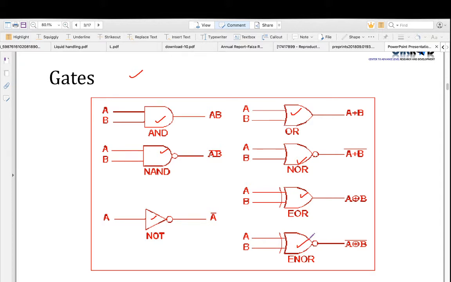In all these gates, the things which you have to learn by heart, and which should be on your fingertips, are, first, the output of each gate, and second, the shape of the gate.